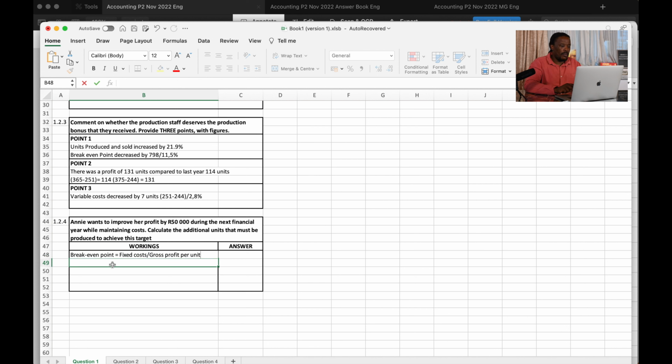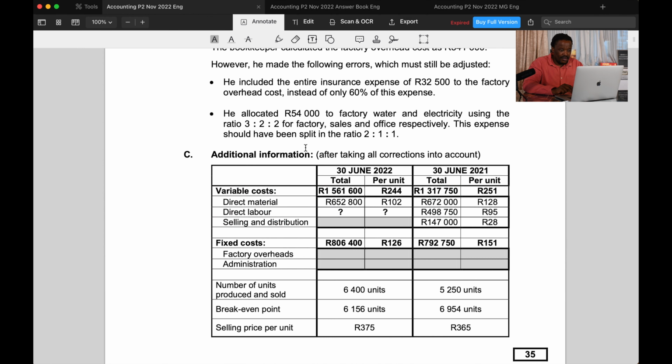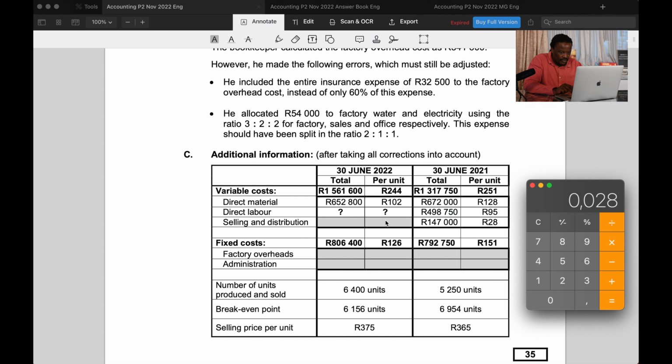Now, break-even point, we have that 50,000, which is given already, and you don't have to waste time. 50,000 divided by what is my gross profit, which we just calculated, but I can do it again: selling price per unit minus variable cost per unit, which is 375 minus 244.